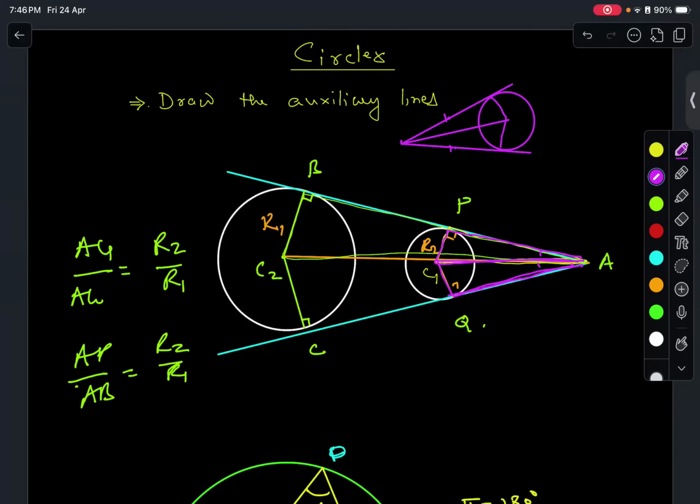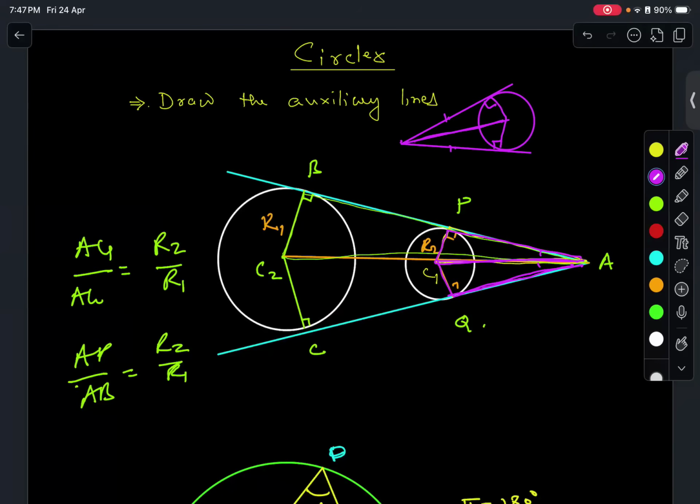Right, 90, 90, and this line is the same, so RHS. So you can also say that APC1 and AQC2, or ACC2 and ABC2, both are congruent.